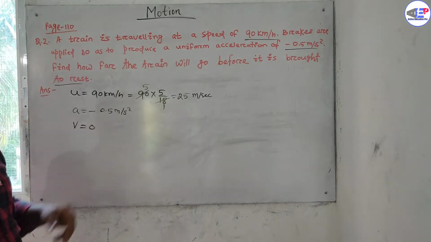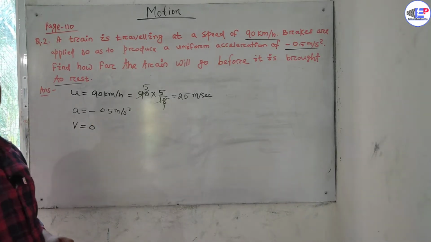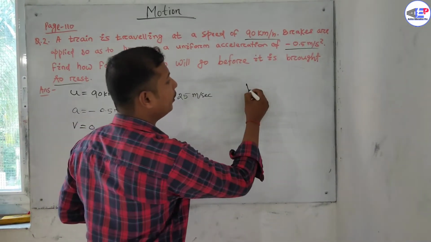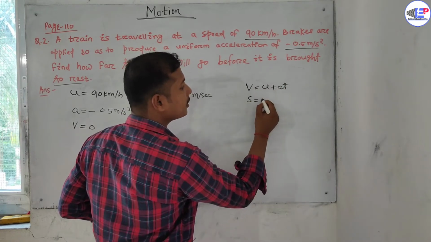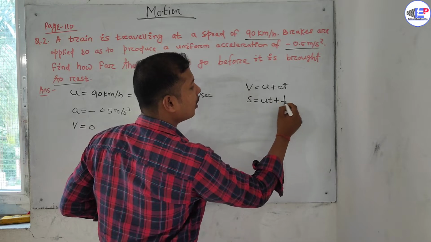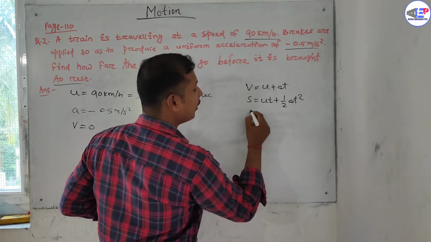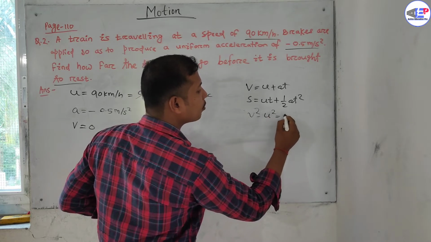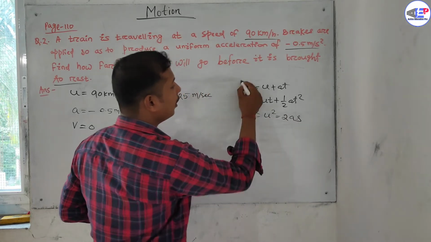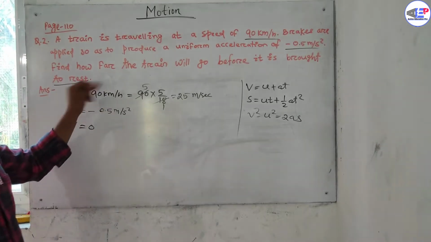That means the distance. From the equations of motion, we know that v is equal to u plus at, s is equal to ut plus half at square, and v square minus u square is equal to 2as. Here you have to calculate the distance.